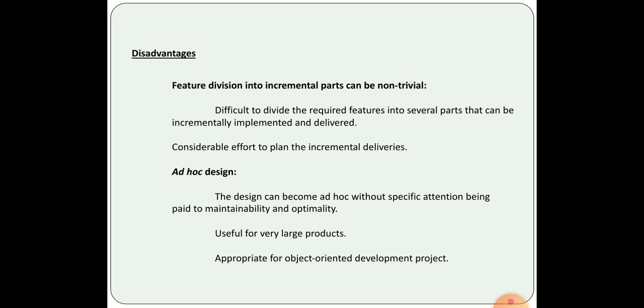For some software, it cannot be possible to identify or split the software into several modules, individual or independent modules and dependent modules. So it is difficult for some specific software.